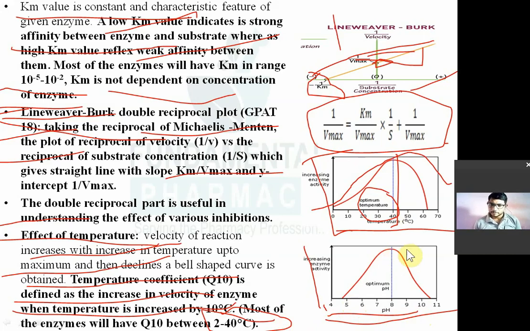After that it will decline. So initially as you increase the pH, the velocity of the enzyme will increase up to a certain level and later decrease. Again you are getting a bell shaped curve. The pH at which the enzyme will show its highest velocity is known as the optimum pH. Just as there is an optimum temperature, there is an optimum pH.